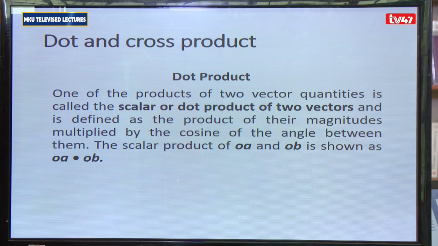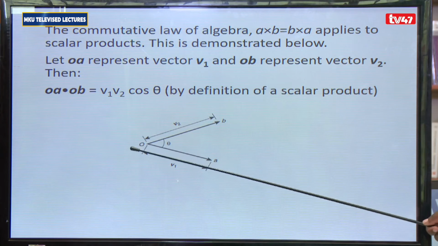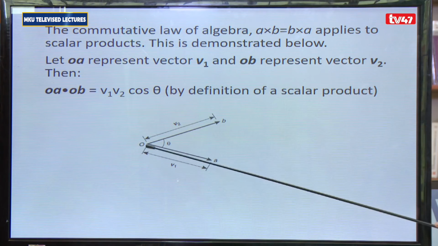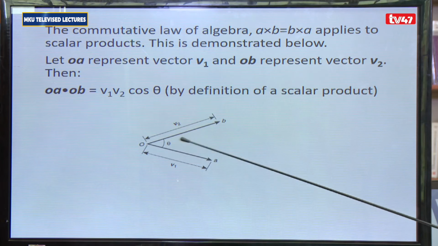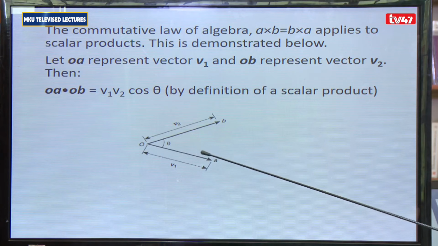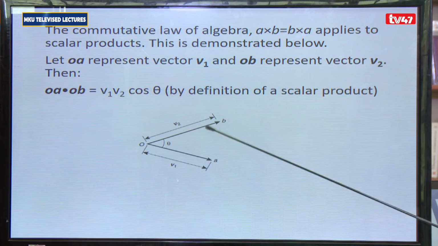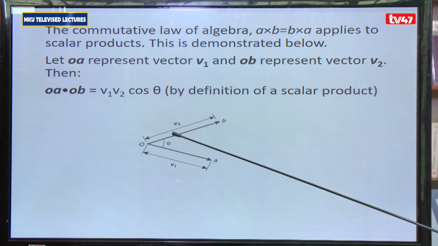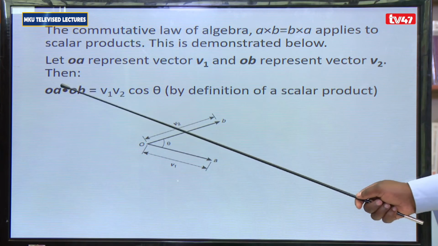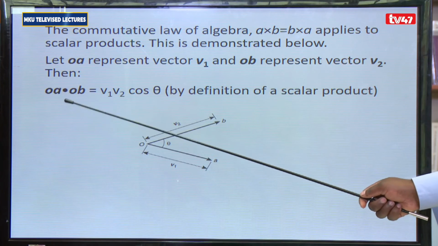So if you have got two vectors, like V1 and V2, so what we are saying is that if the vectors are OA and OB, and the magnitude of OA is V1 and the magnitude of OB is V2, then the dot product means you take OA dot OB.